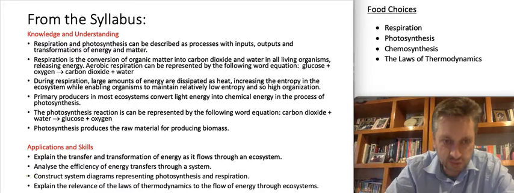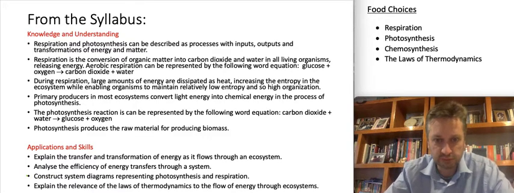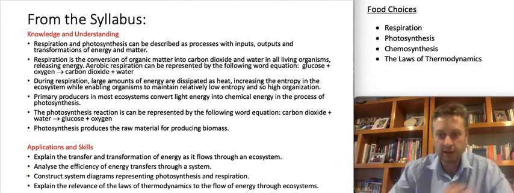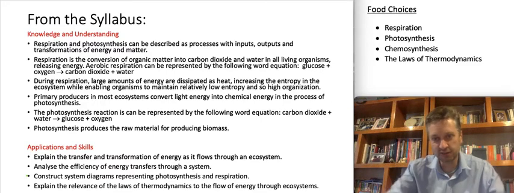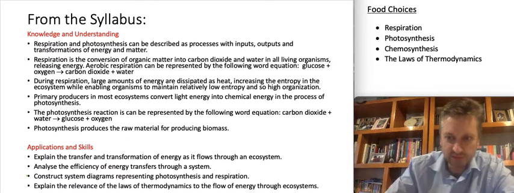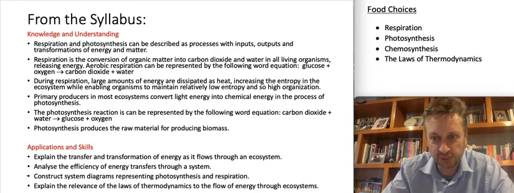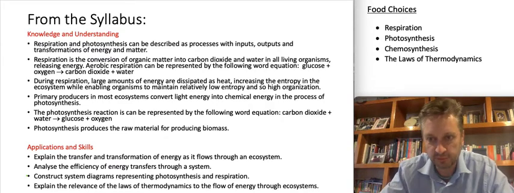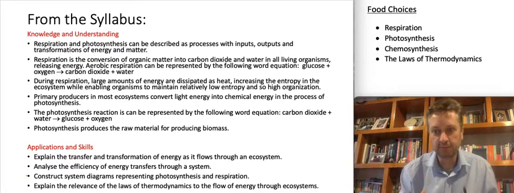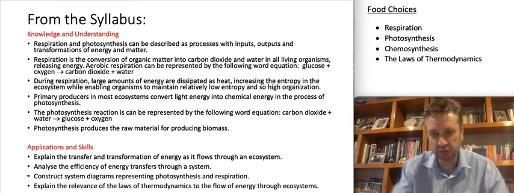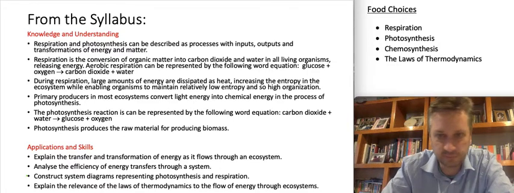In the classroom, we'll look at how we construct systems diagrams to represent photosynthesis and respiration. And again in the classroom, we'll talk a little bit about the laws of thermodynamics. More specifically, the second law of thermodynamics, which refers to increases in entropy, or increases in disorder, or an increase in the lack of usefulness of energy that's available, you could say.